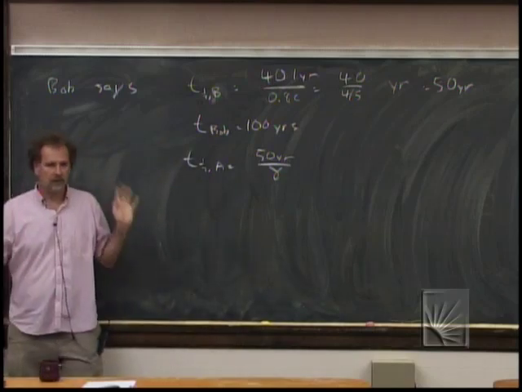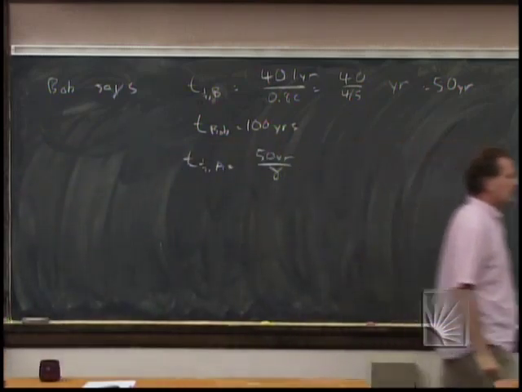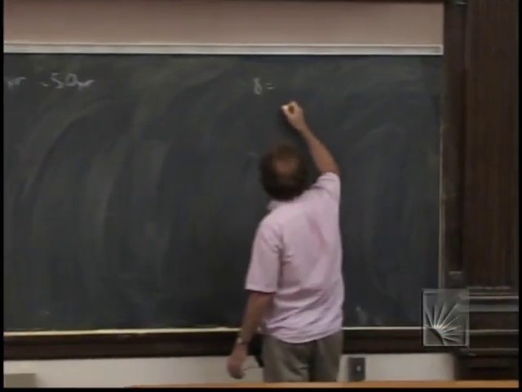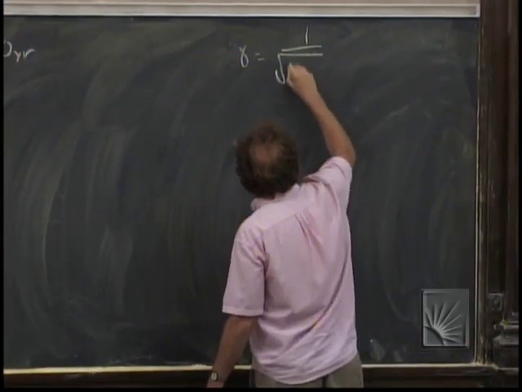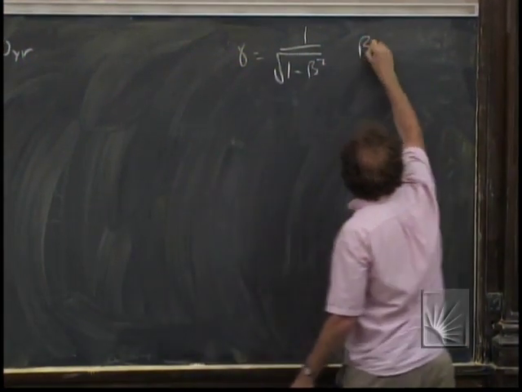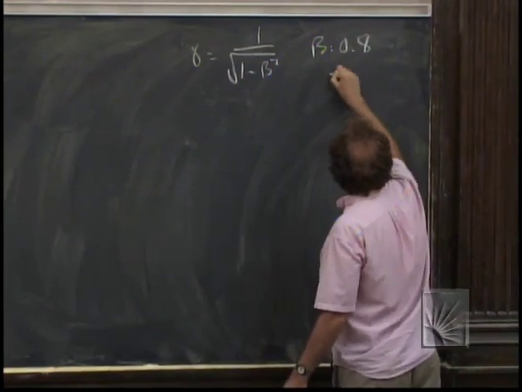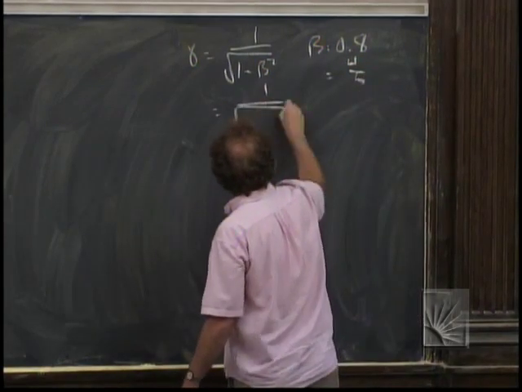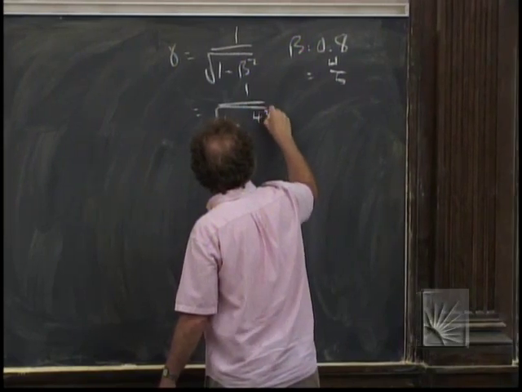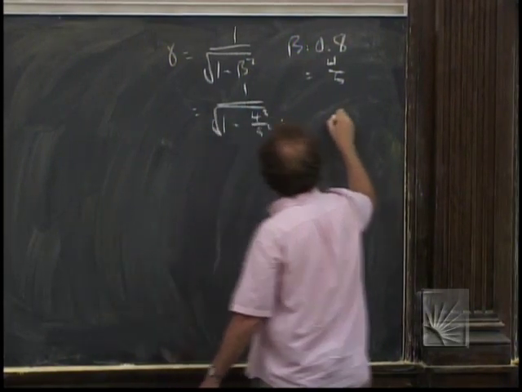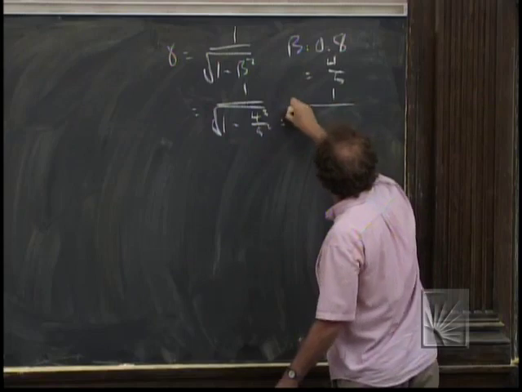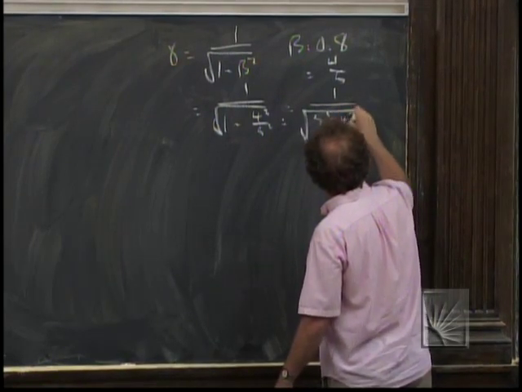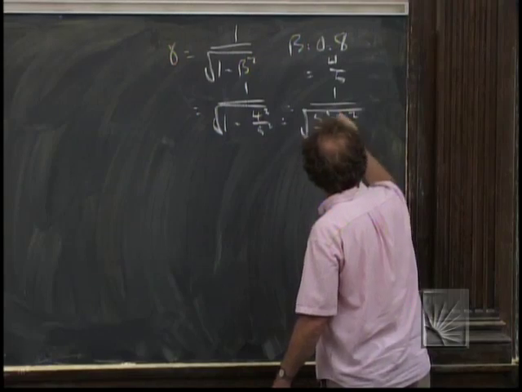Fair enough? Now 0.8 c and 0.6 c are magic values for gamma, based on a 3, 4, 5 triangle. Gamma is 1 over the square root of 1 minus beta squared. Beta is 0.8, but that's also known as 4/5. So this is 1 over the square root of 1 minus 4 squared over 5 squared, which of course is 1 over the square root of 5 squared minus 4 squared over 5 squared.